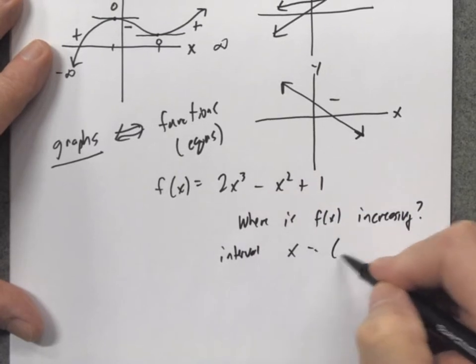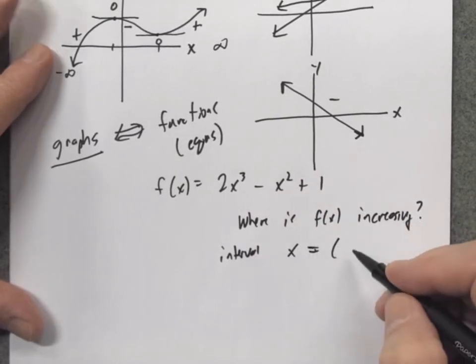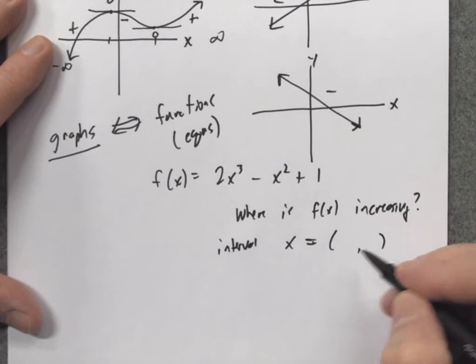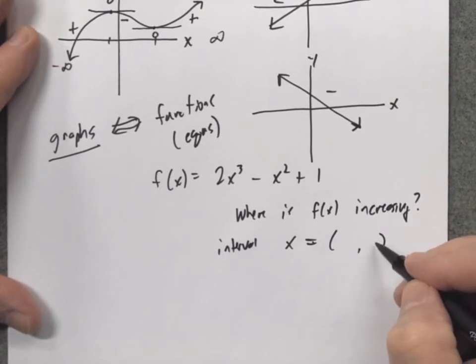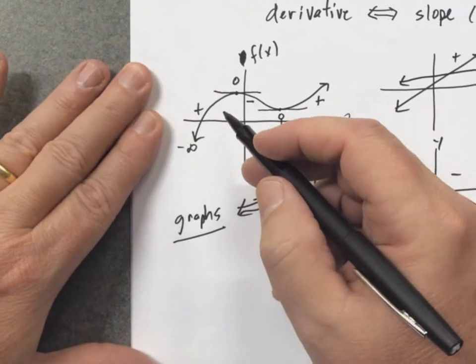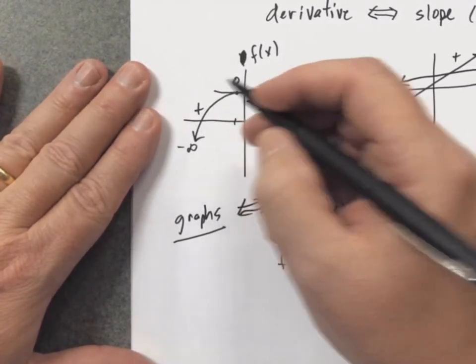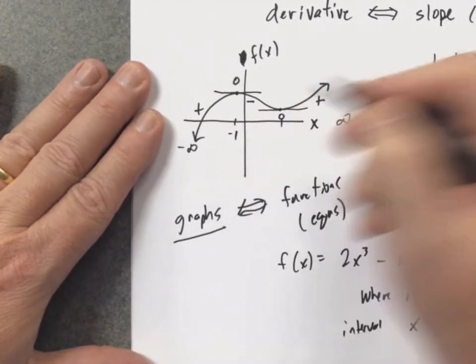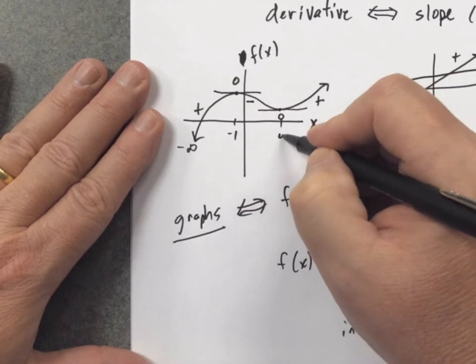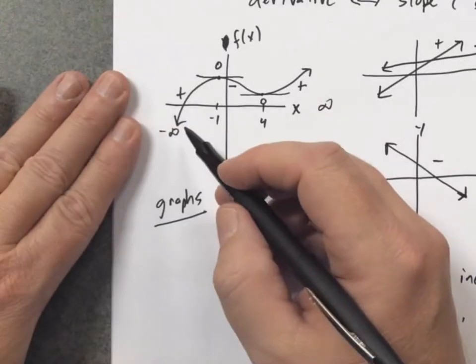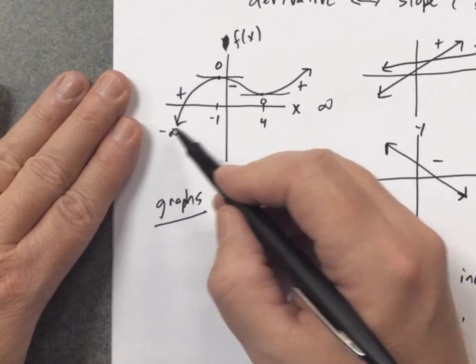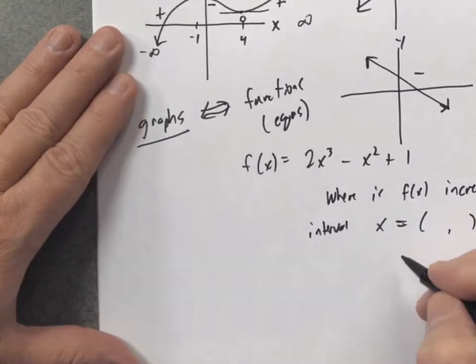right? An interval is, you have two values in here. You have the low value and the highest value. So for instance, if I was to do the interval for this graph here, say this here is -1, and maybe I call this point 4, I would say the increasing is from -infinity to -1.